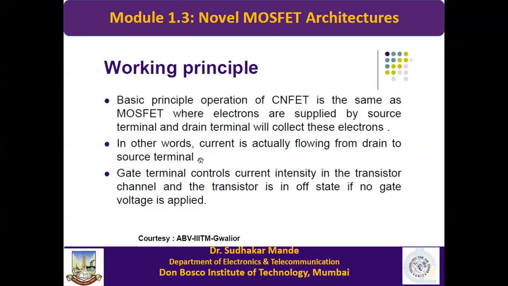Electrons are flowing from source to drain, but conventional current is always opposite to electron current, so actual current is flowing from drain to source. If you change the gate voltage, the current flowing through the MOSFET will change, because if you put more gate voltage, more charge is created in the channel and your current is proportional to the charge.